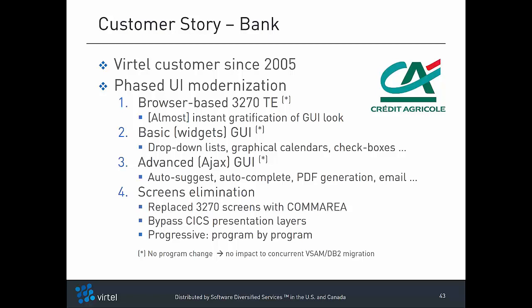Finally, in 2011, after living without seeing their screens for a few years, they modified their CICS application code one program at a time to replace the screen user interface with COMMAREAs. It was an internal plumbing, if you want, or repiping project, and the users didn't experience any change with their web portal.